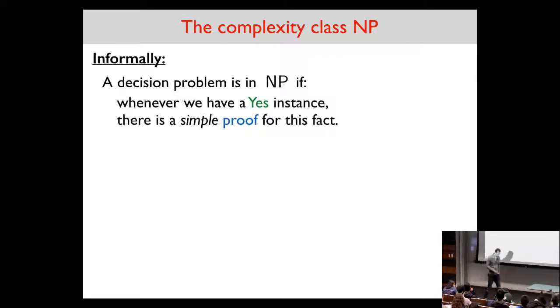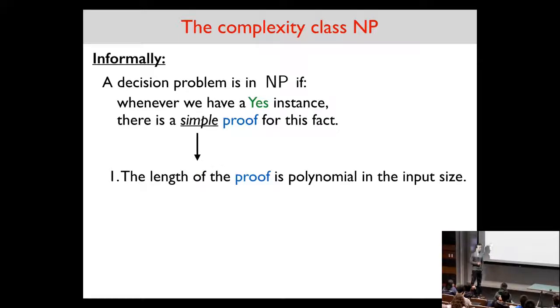Okay, so this now motivates the complexity class NP. Informally, the complexity class NP is the set of decision problems such that whenever you have a yes instance, whenever you have an instance in the language, there's a simple proof for this fact. So what does simple mean here?